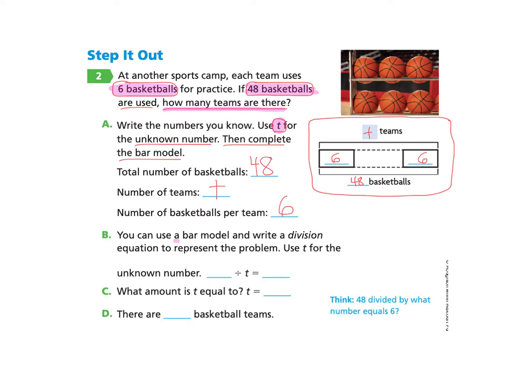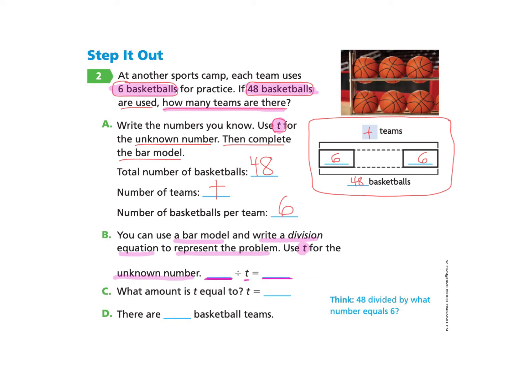You can use a bar model and write a division equation to represent the problem. Use T for the unknown number. So if you would like to try this on your own, you may push pause and come back, or you can follow along with me. So we have a number here divided by T, our unknown number, would give us an answer.